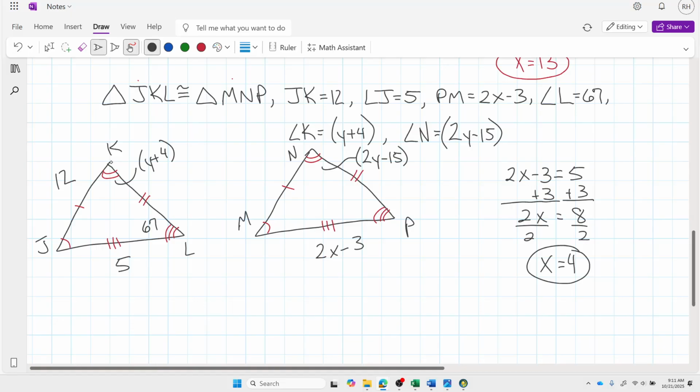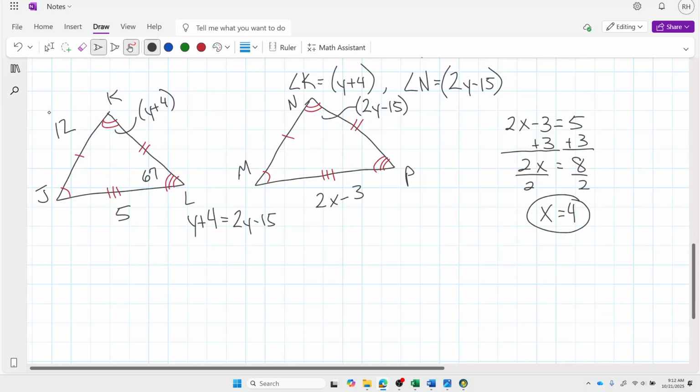And then, since angle K is congruent to angle N, Y plus 4 is equal to 2Y minus 15. Subtract Y from each side. And 4 is equal to Y minus 15.